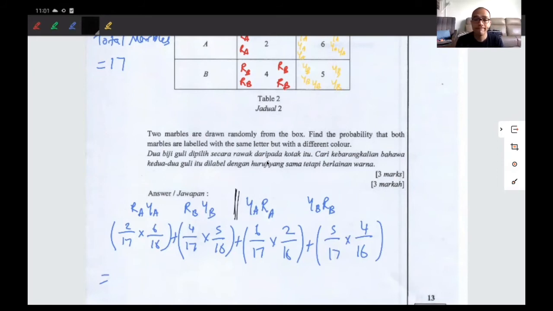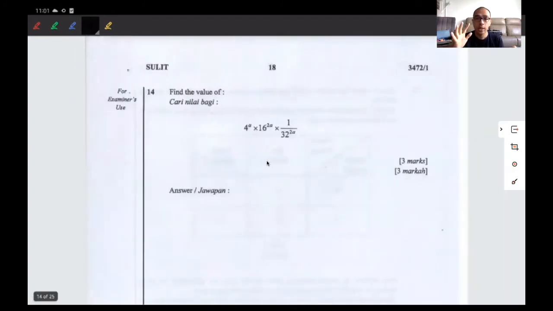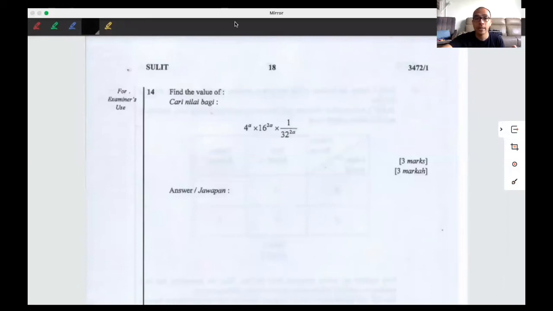So 4 different situations, we add them all. Okay, this is a basic probability. All right, we are at the halfway mark. Let's take a 4-minute break. Let me drink some water and go to the toilet. And then we'll come back and continue with the rest of the paper. Okay, let's pause the recording for a while.